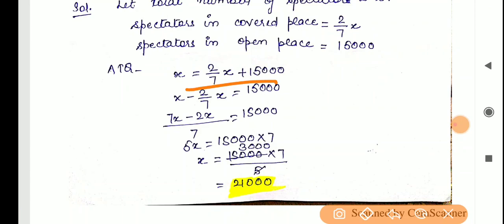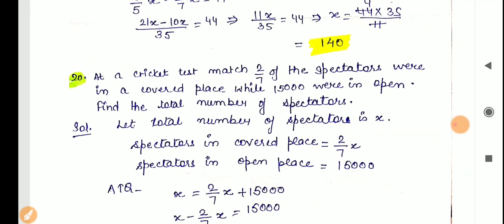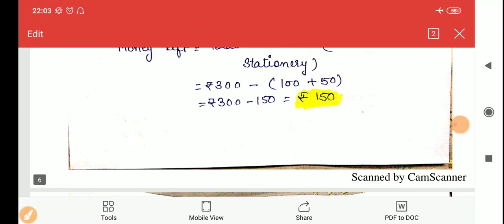So x minus 2 by 7x is equals to 15,000. By taking the LCM, 7x minus 2x by 7 is equals to 15,000. Now 7x minus 2x is equals to 5x and 15,000 multiplied by 7. Here the value of x is 15,000 multiplied by 7 by 5 and the answer is 27,000. Clear?